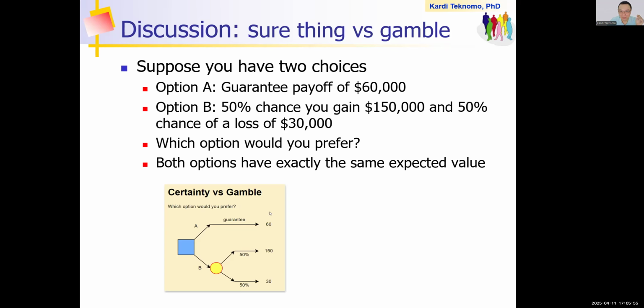So this is what we call certainty versus gamble. Those who choose A prefer certainty. Those who choose B prefer gamble because higher risk means higher gain, but there is also the possibility of losing.